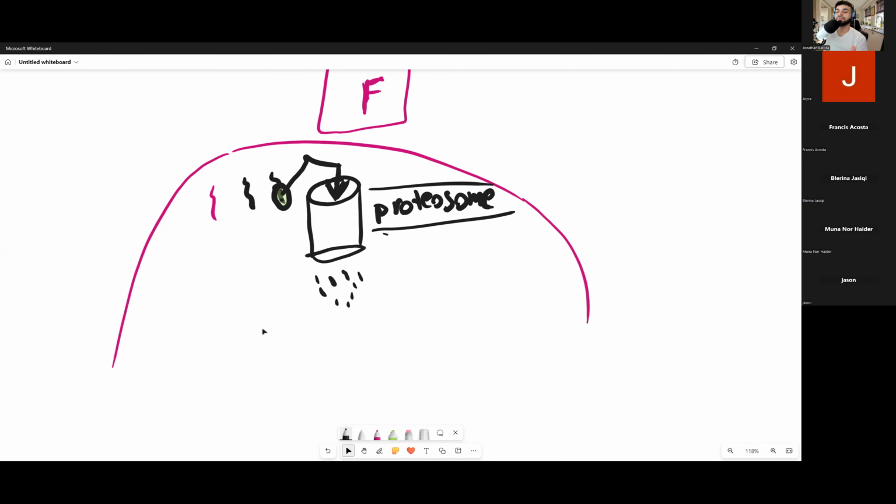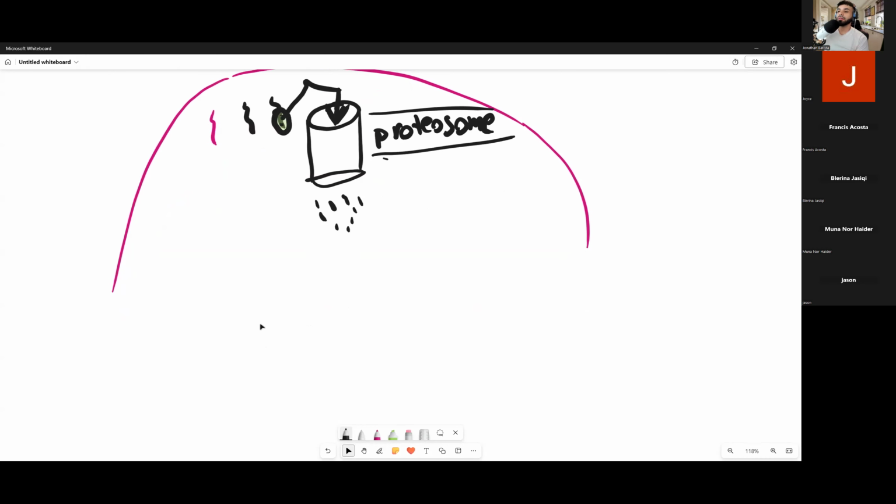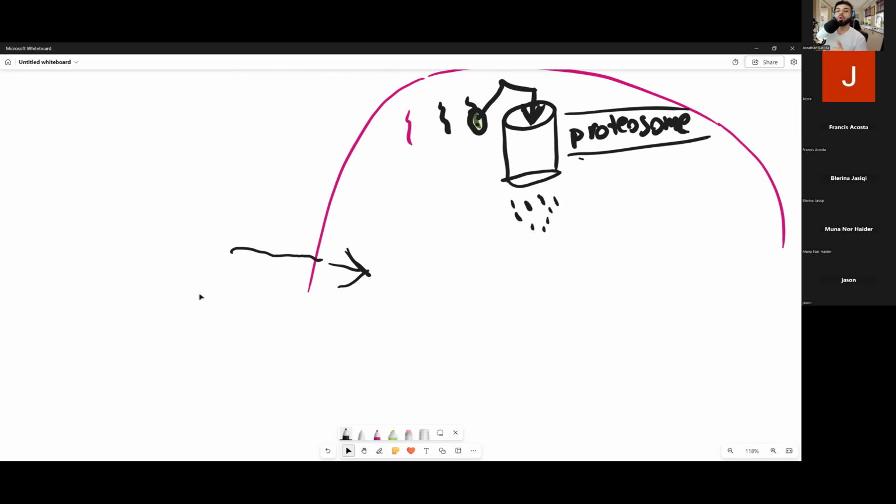So what do I mean? Imagine that a virus is going to attack one of our normal cells, not our antigen presenting cells, but one of our normal nucleated cells, getting attacked by a virus. Now, in order for a virus to actually target one of our cells specifically, it needs to have tropism.